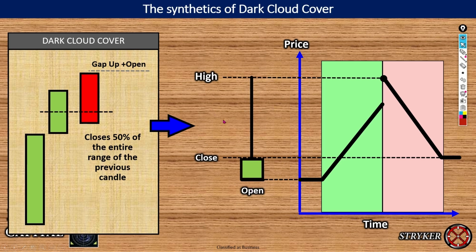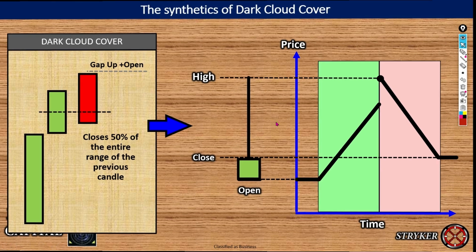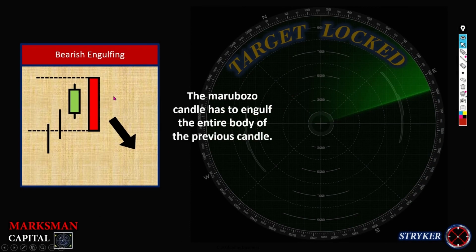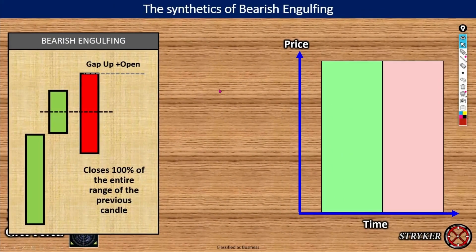Like I said earlier, most of these combinations do come back to these individual common candles as the main baseline. If I show you more examples, like bearish engulfing, you need a Marubozu candle that gaps up, opens, and closes 100% of the entire range of the previous candle, and even below that.